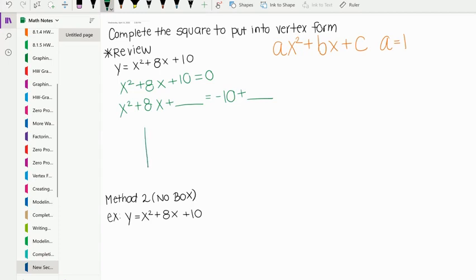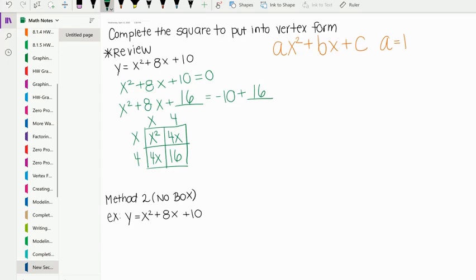From there, you create your box, and remember you put the first term in the first box. You take your middle term, 8x, you divide it in half, so you get 4x and 4x, and from there you come up with the edges. So this would be x, 4, and 4, and then the last box would be 4 times 4, which is 16, and you put that in the blank space.